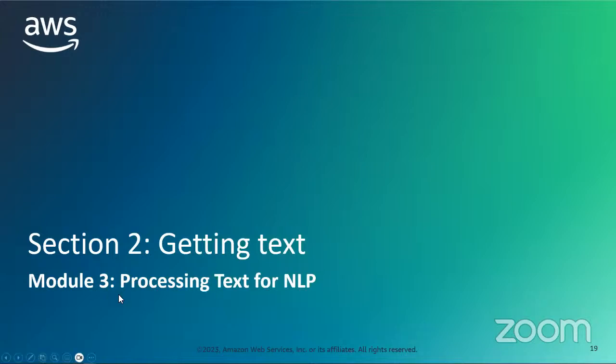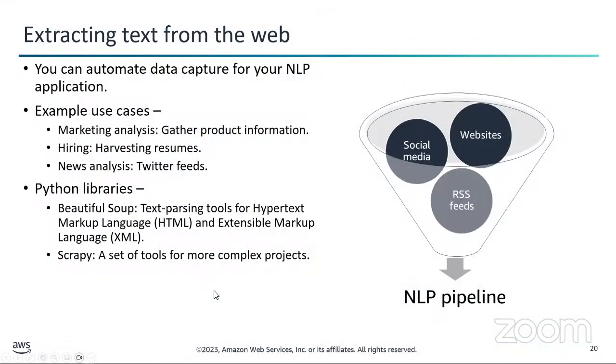All right, so the first thing is getting the text for processing text, for NLP. You can automate the data capture for your NLP applications, for example, marketing analysis, hiring, news analysis, or in your case, whatever, that you will have to extract the data from some websites, social media or feeds.